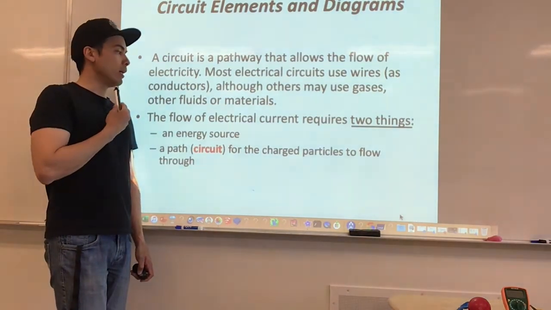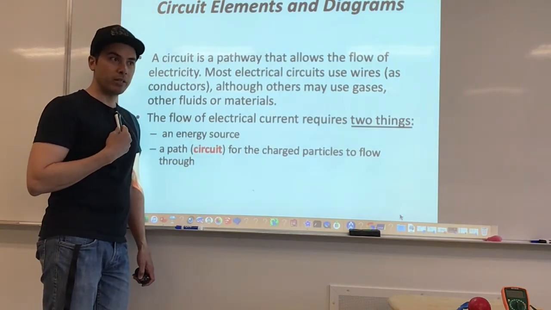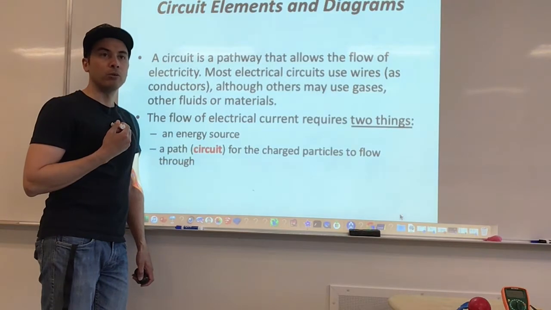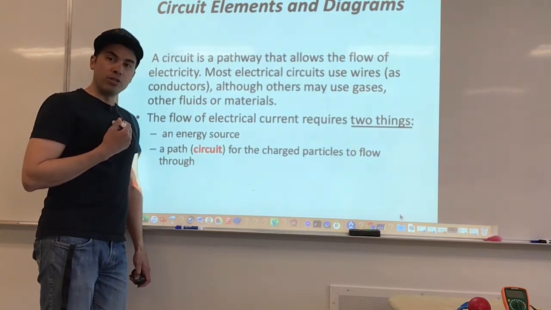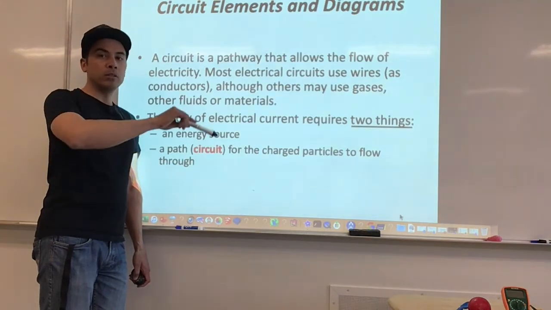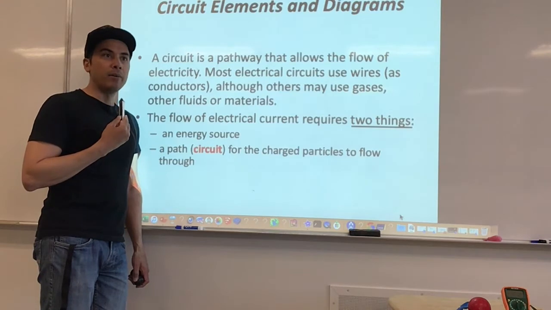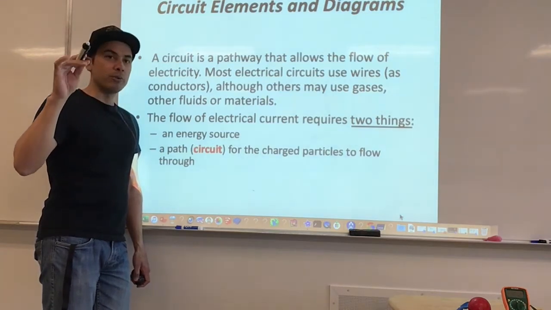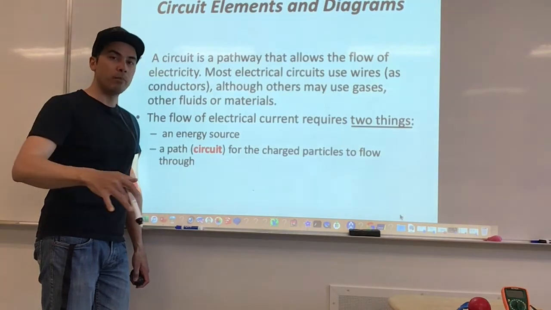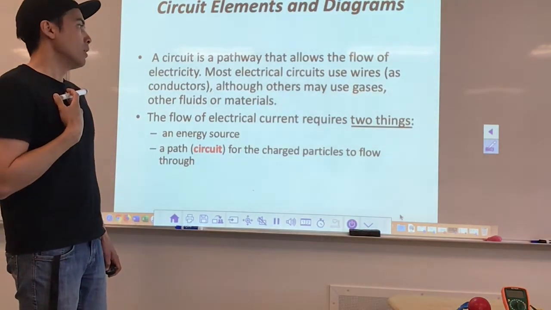Okay, so in order to have a circuit, there needs to be a path for these electrons to flow. The word circuit kind of relates to the word circle. It needs to go around and around, we could say, in a way. And so these electrons are doing the same thing. They need to start at one point, follow a path, and then get back to their original source.